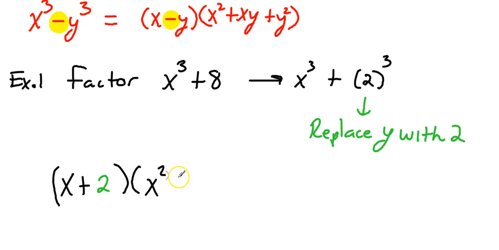Then x squared plus x, and that's technically x times 2. Oh wait, that's minus. And then plus 2 squared.